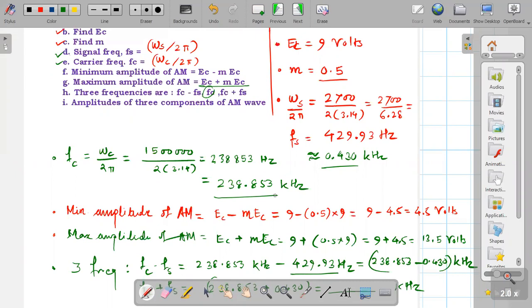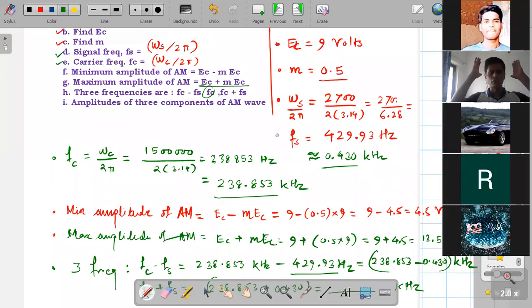Understood, dear student, up to this level? Can you solve? I will share all this data with you. Don't take any tension. Based on this, you can solve numerical problems on amplitude modulation wave.